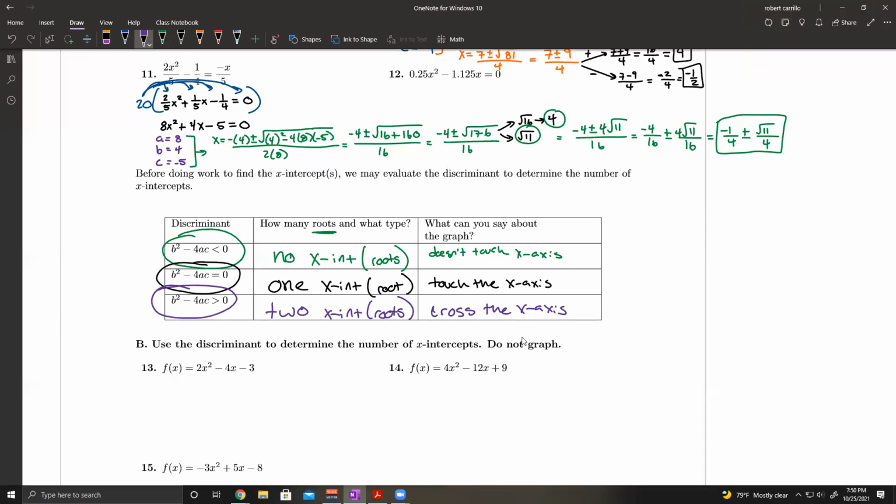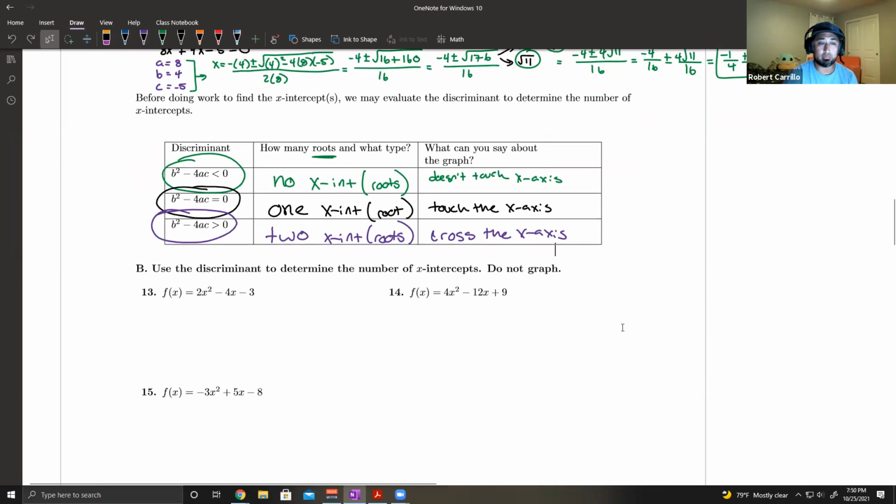Professor, you said it was if it was greater than 1? If it's greater than 0. Greater than 0, got it. So less than 0, no x-intercepts. Equal to 0, 1 x-intercept. Greater than 0, 2 x-intercepts. Okay.